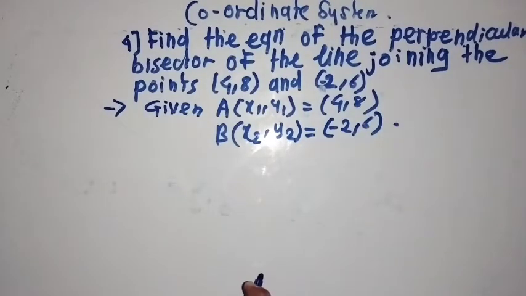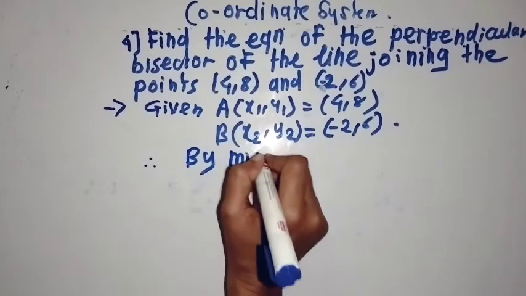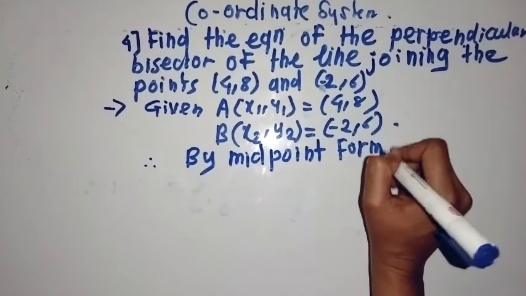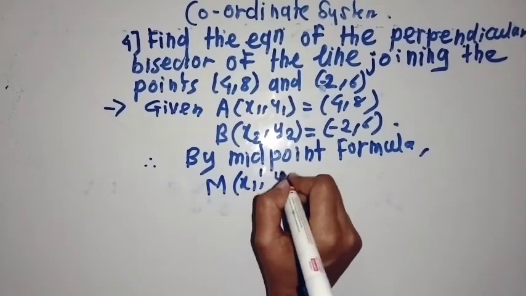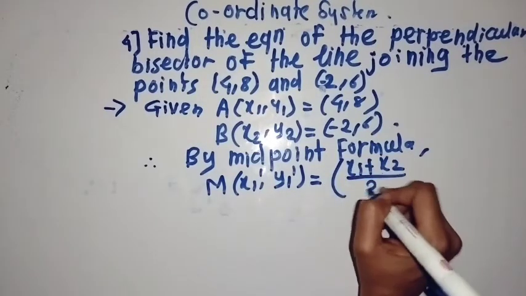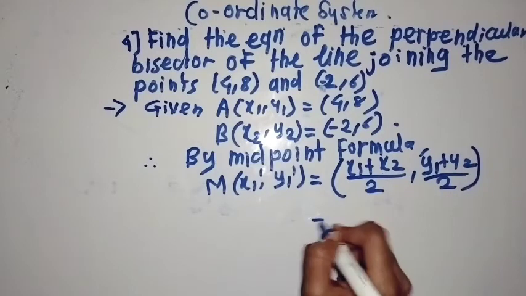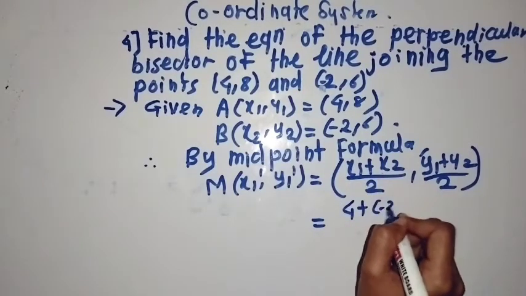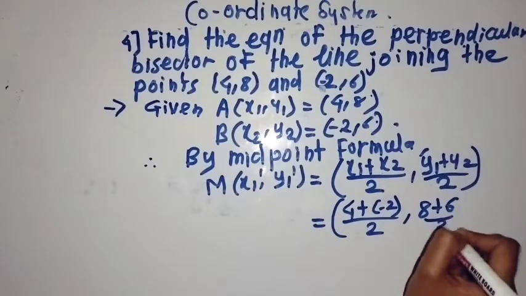By the midpoint formula, M(x1 dash, y1 dash) is equal to (x1 plus x2 upon 2, y1 plus y2 upon 2), that is, (4 plus minus 2 upon 2, 8 plus 6 upon 2).